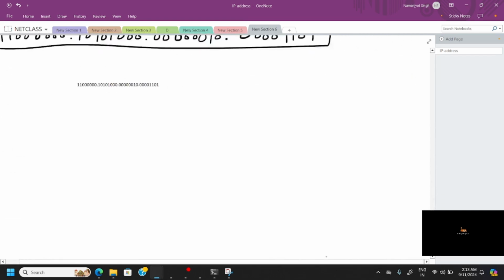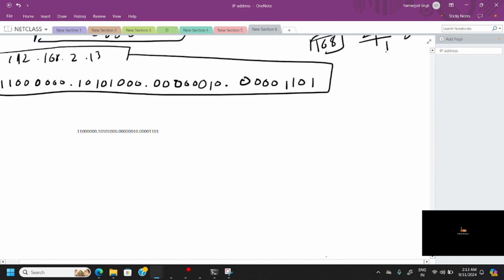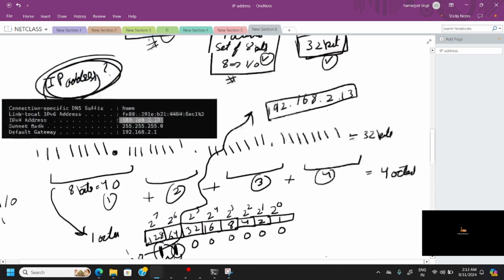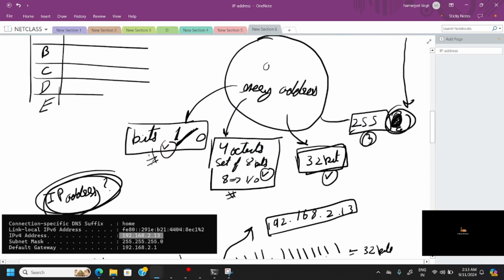So the answer is, when you turn every bit on, 1 2 3 4 5 6 7 8 instead of any zero, how this adds up is 128 plus 64 plus 32 plus 16 plus 8 plus 4 plus 2 plus 1, so it adds up to 255, isn't it? These are 8 bits, so it adds up to 255, so the maximum is 255. So we have answered what the IP address is.